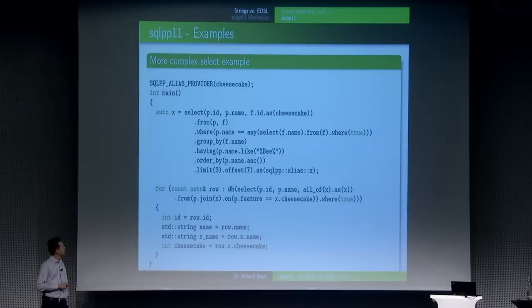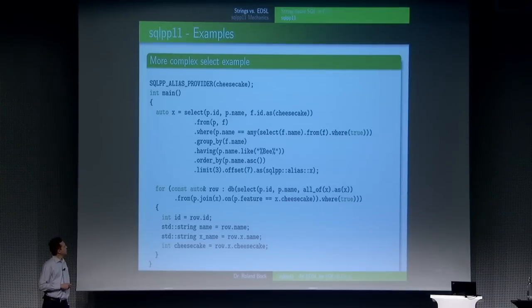So we can join the person table with this select here on feature equals X cheesecake, right? And this is kind of cool. So we gave this select a column that we want to select with a special name, and this happens to work. It's now a member of this pseudo table.